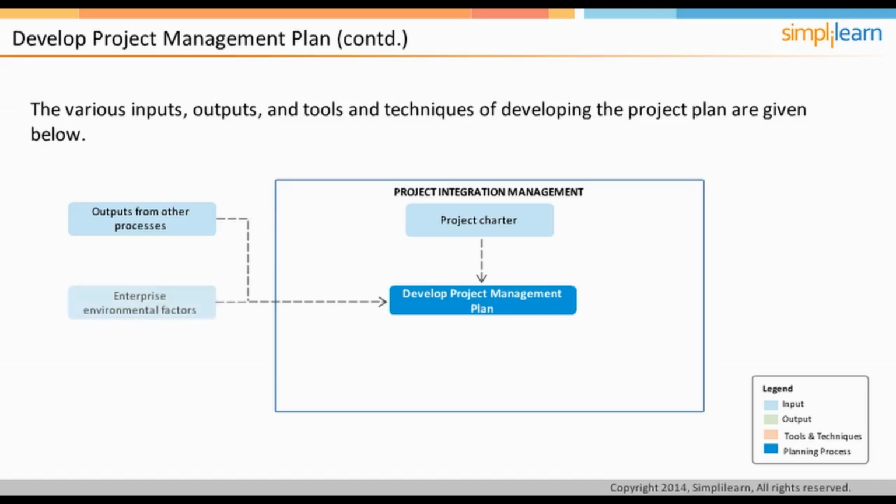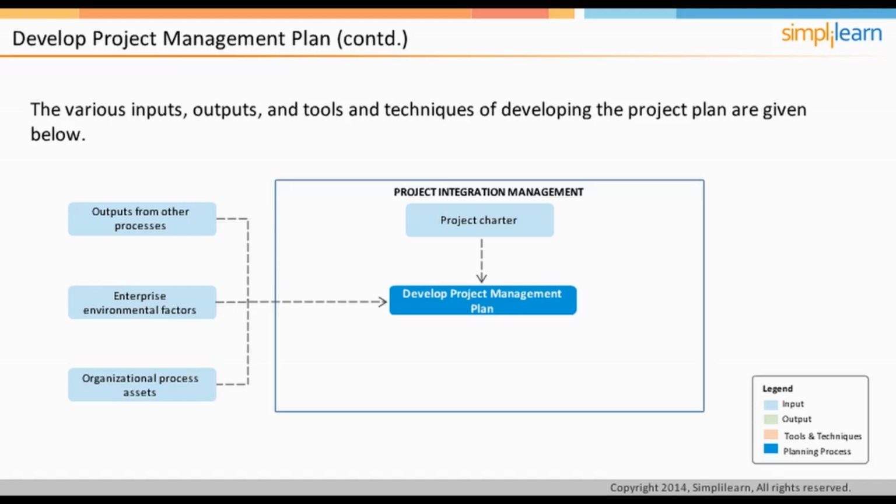In addition to these, enterprise environmental factors and organization process assets are also inputs to developing the project management plan. In fact, these two factors have more influence in developing project management plan than in developing project charter.